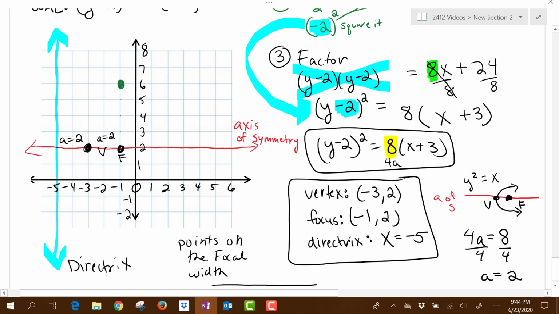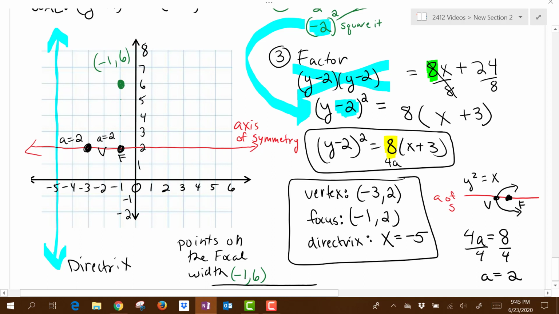So whatever that focal width is, I'm going to half it. I'm going to go that much up from the focus. Let's see, can I label that? What would that be? -1, comma, what's the y value? 6. Okay, remember, use graph paper. Just look at the labeling on the graph. So the x value of that point that I plotted was -1. The y value was a +6.